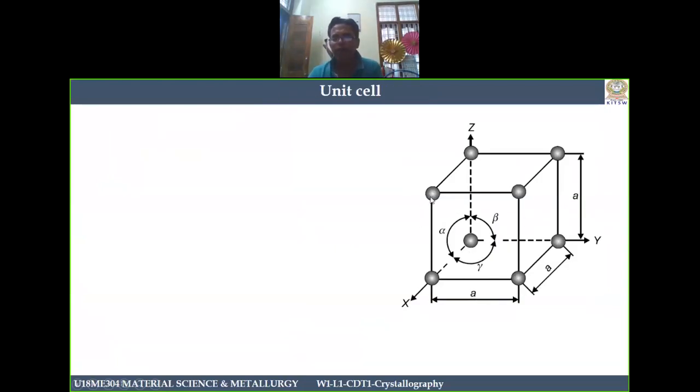You can see there are 8 corner atoms here, and three crystallographic axes: x, y, and z. These are the three angles alpha, beta, gamma, and the distance between two atoms is indicated as a. Since it is a cube, all the sides of the cube are the same.